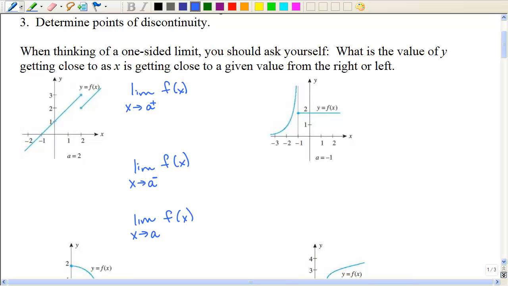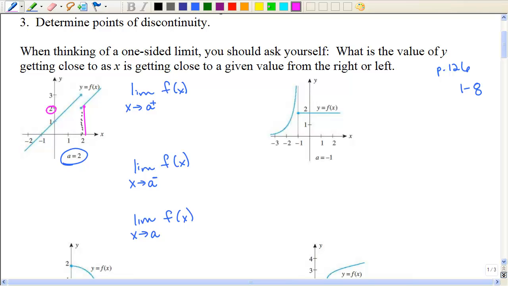On this problem, and again, these are just copied out of the book from page 126, like problems 1 through 8. I think I copied the odd ones. On this graph, we're looking when a is equal to 2. As I'm coming in from the right-hand side, so a little bit bigger than 2, this is the part of the function I would touch.